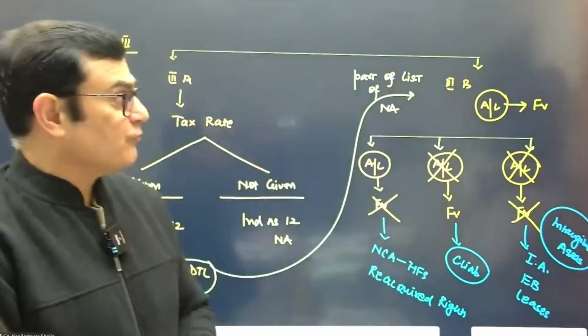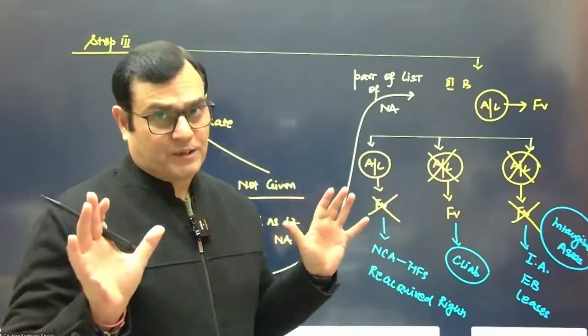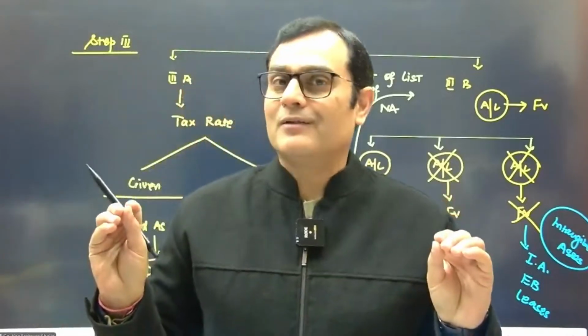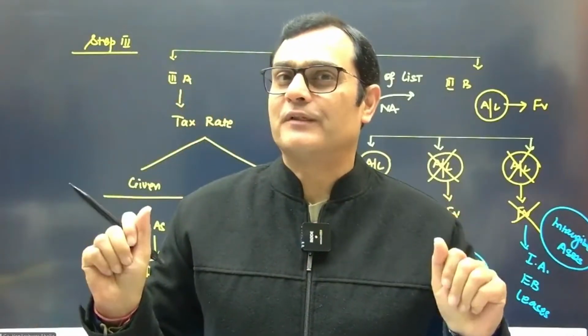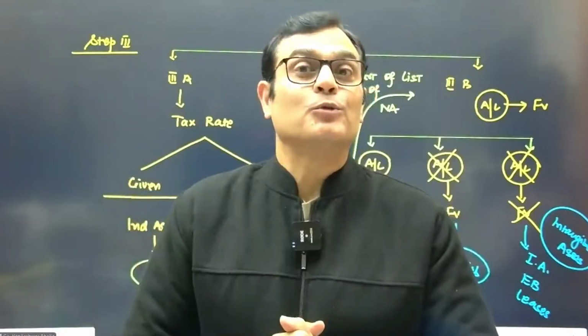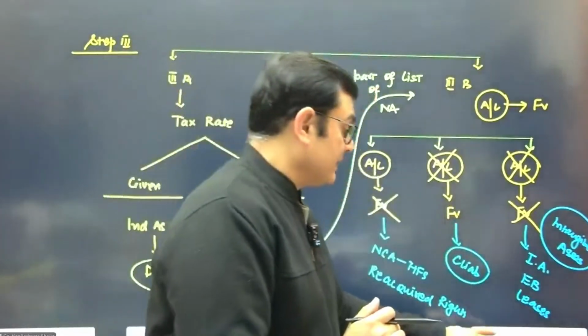So this was a basic framework in terms of what we have discussed so far on the 3-step model. I thought I'll give you a quick recap. Now we go to the next step, and that is step number 4. Step number 4 is one of the very crucial steps indeed. You can get independent questions in the exams on step number 4 because it is such a huge step, and there are a couple of issues within it where you could expect an independent question.